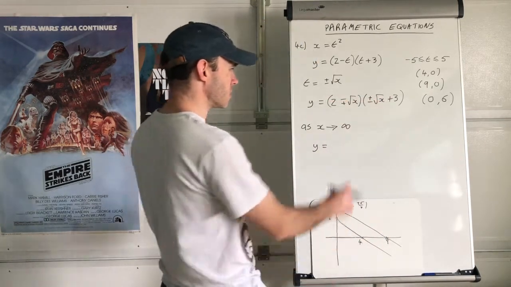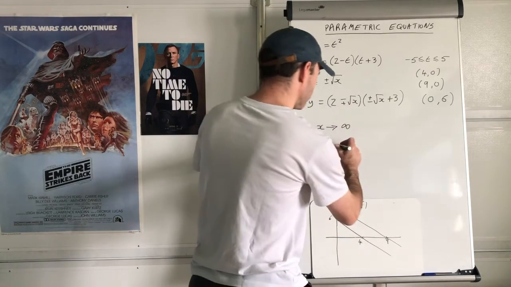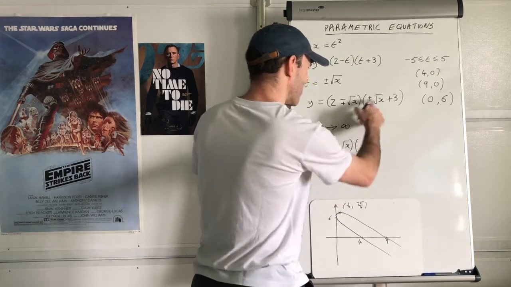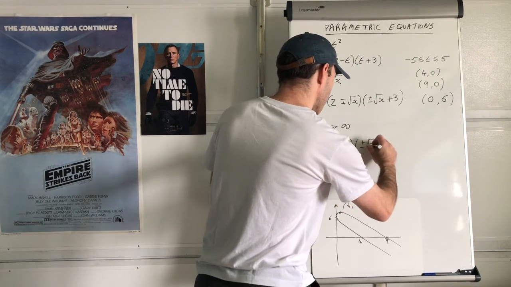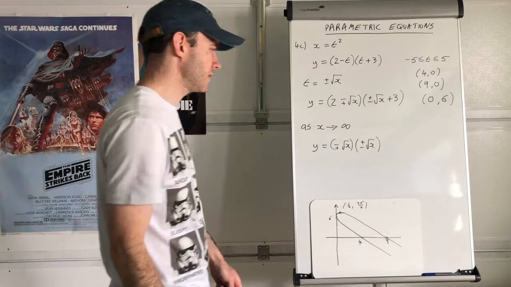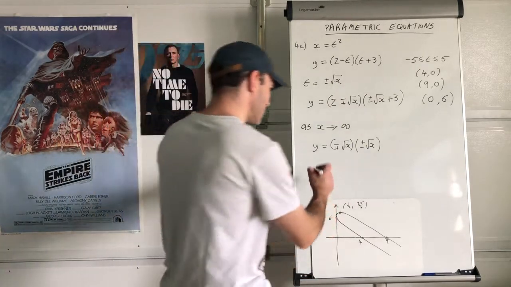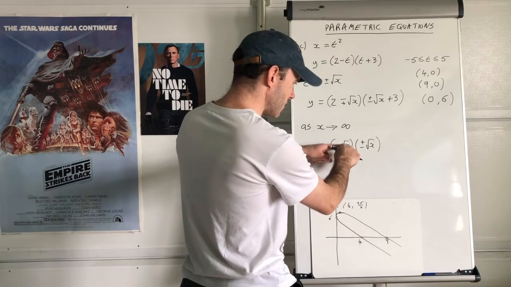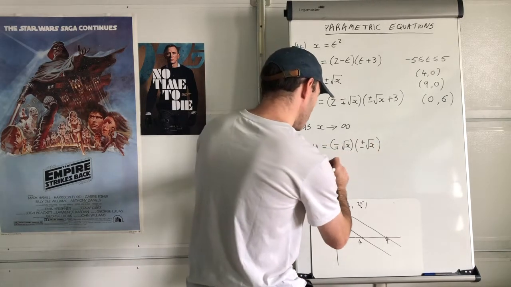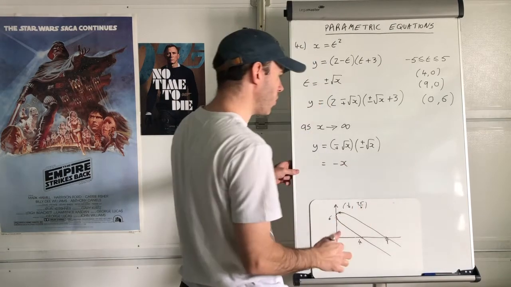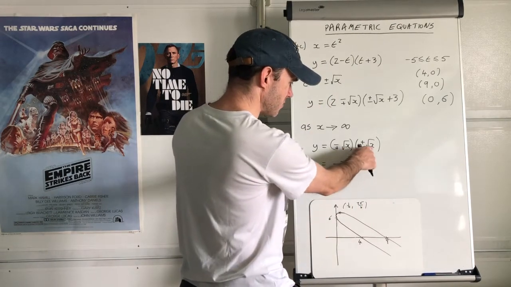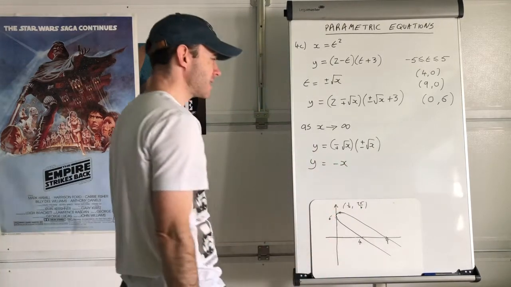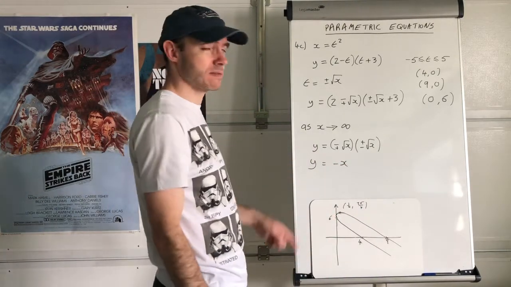So you've got negative positive root x, in brackets, multiplied by a positive negative root x. Which means you've got either negative root x times positive root x, which is negative x, or positive root x times negative root x, which is the same. So as x tends towards infinity, y tends towards negative x.